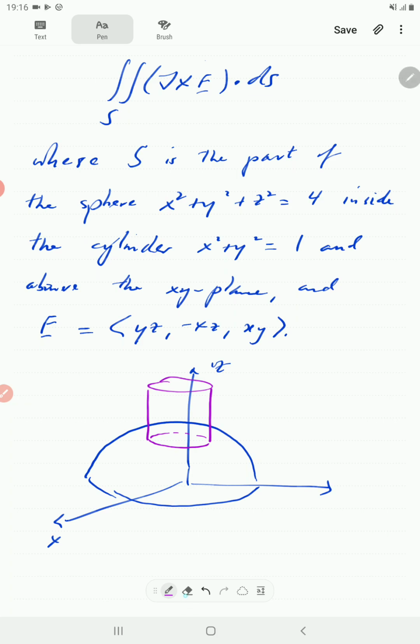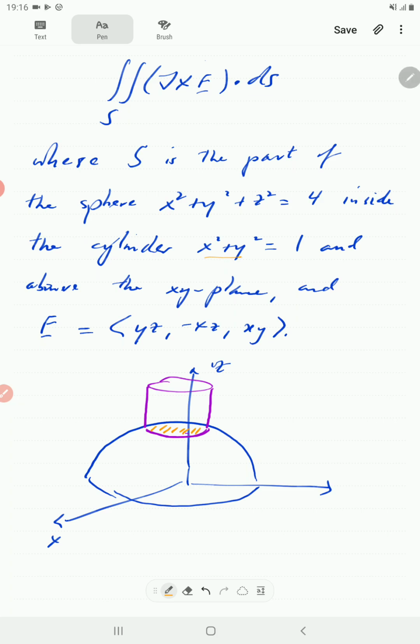Yeah, my sketch is a bit wanting. So what's going to happen is where it touches this. Yeah, okay. So the surface of interest is going to be this one here.